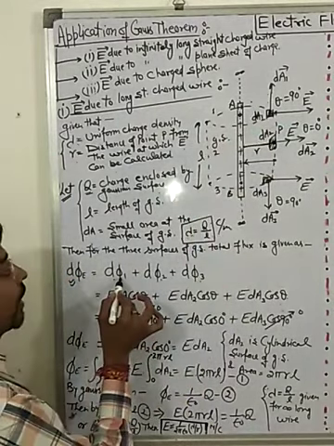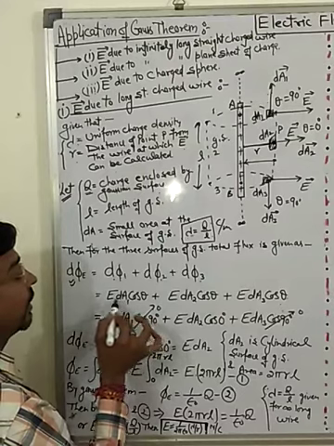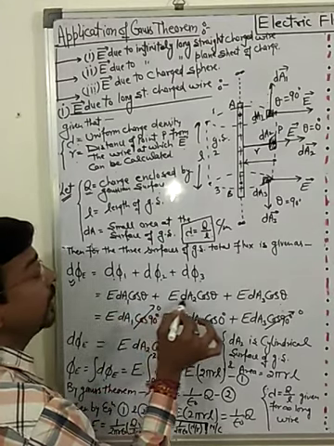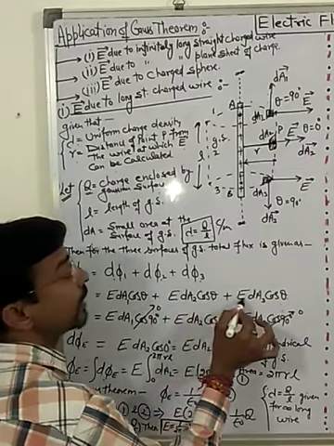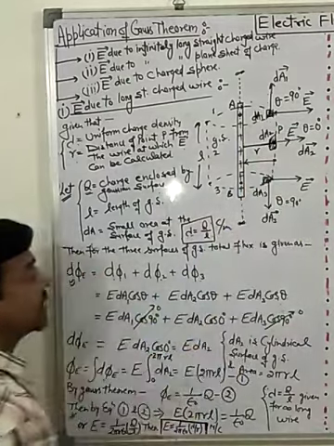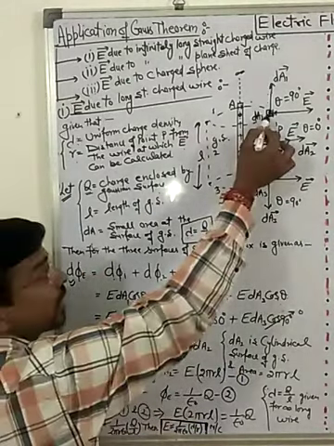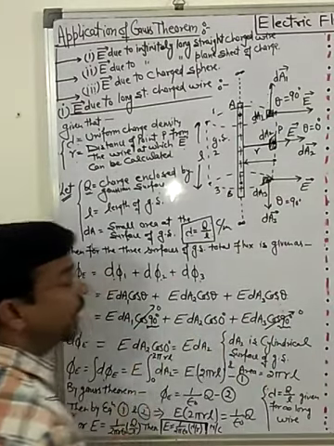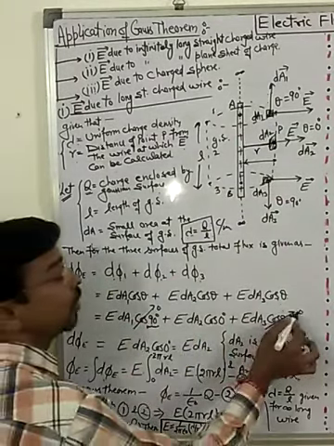Therefore d phi 1 is written as E dA1 cos theta, and similarly E dA2 cos theta as well as E dA3 cos theta for the 1, 2 and 3 surfaces. And you know very well, for the first and third surface, what will be the angle? 90 degrees, and cos 90 will be 0.